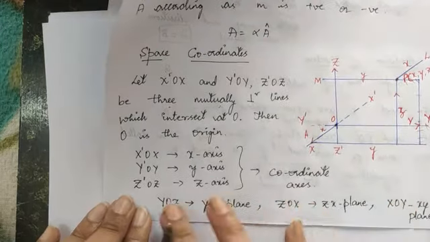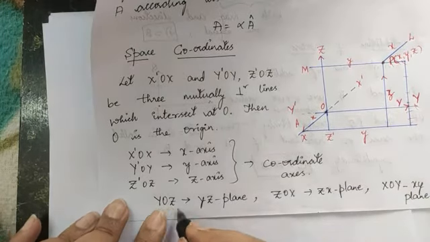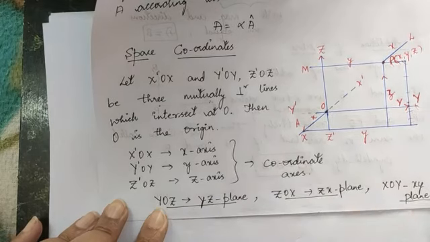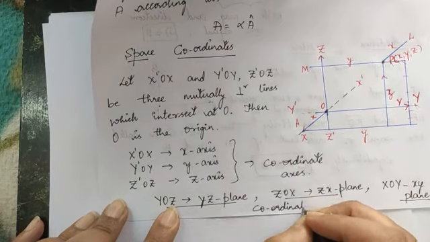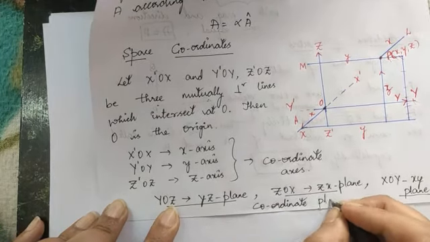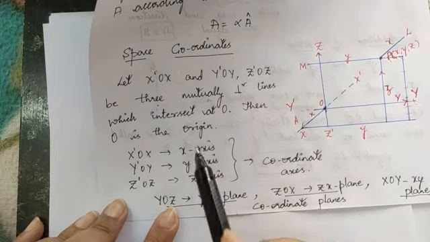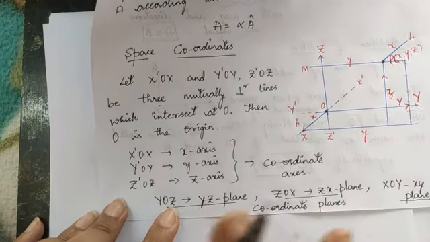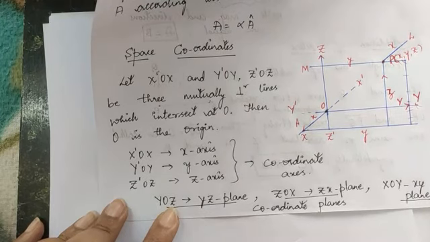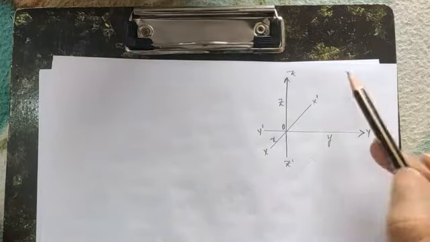Together these three planes give you the coordinate planes. So when I say coordinate axes, these things should come into the picture, and whenever I say coordinate planes, you should be able to understand which are considered as coordinate planes.